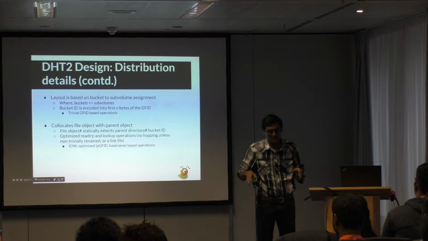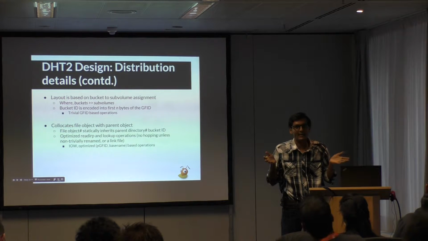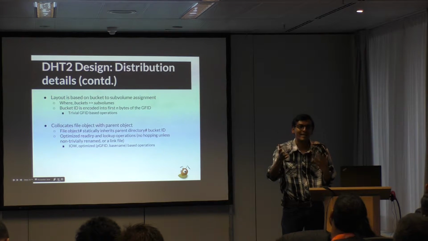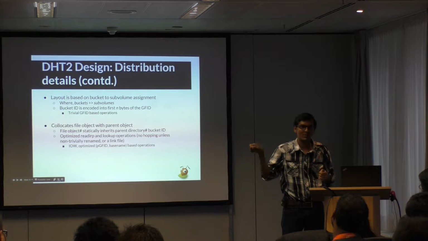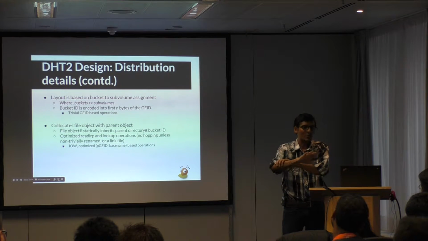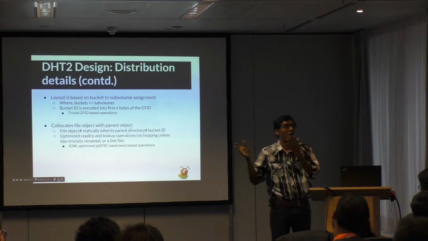So what this does is file inodes and its parent will share the same bucket, and hence they'll be co-located, and your readdirp operations and lookup operations do not hop subvolumes. They just go to a single subvolume. Of course, this will break when you do non-trivial renames. And what is a non-trivial rename?